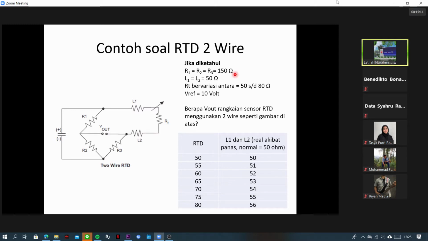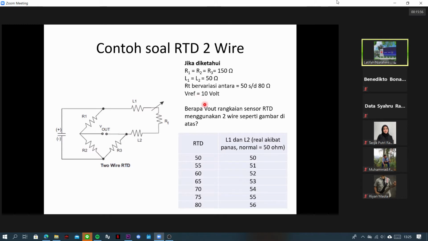But for the RTD, the two wires L1, L2, although already converted into ohms, the length is no longer shown. We assume L1, L2 have the same value, which is 50 ohm. And now the RT, coming from the overall RTD here, varies from 50 up to 80 ohms. And the V reference or the source is 10 volts.